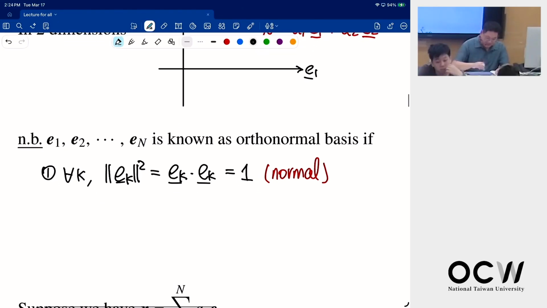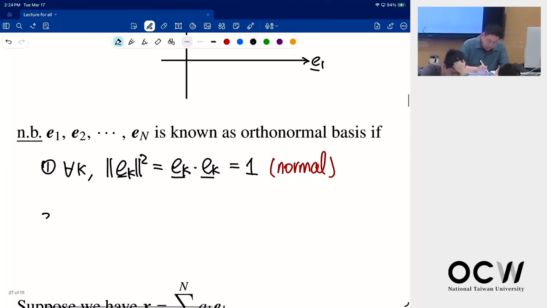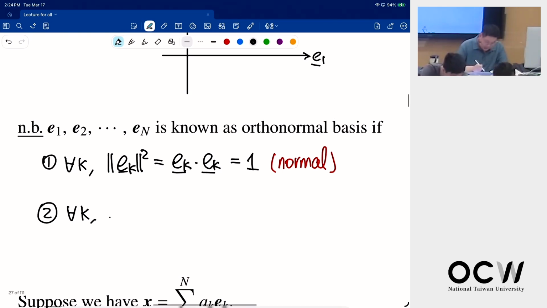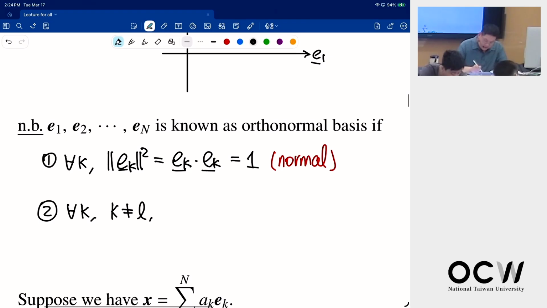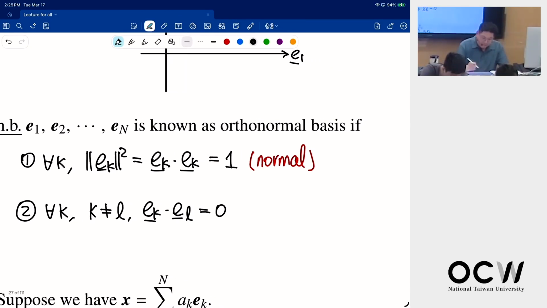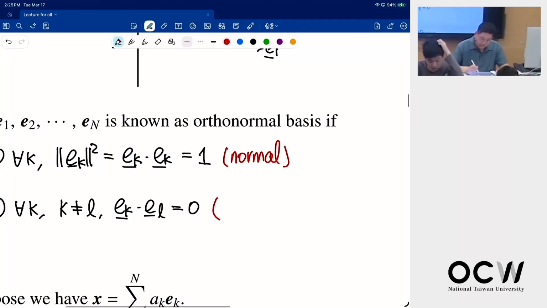The second one, for the orthonormal: if you have different basis vectors, so k is not equal to L, then your inner product is 0. What does that mean if your inner product is 0? This means orthogonal.